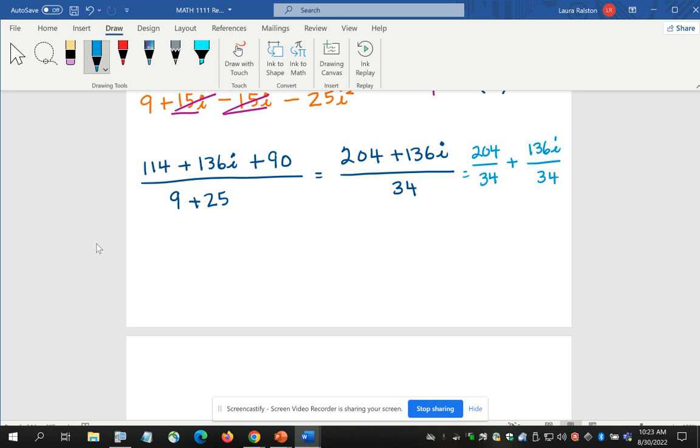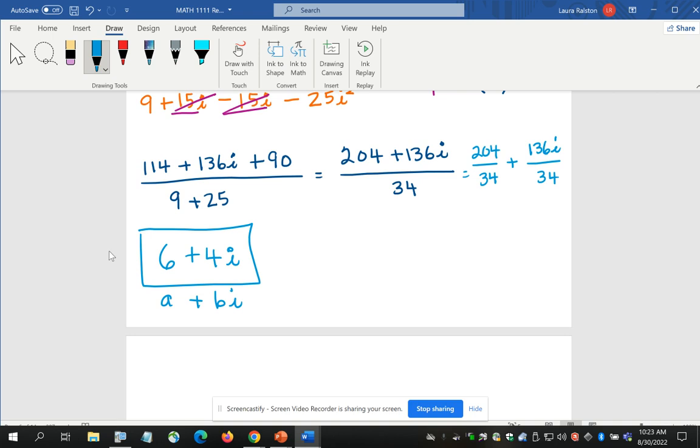Okay, so I've broken it apart, and I need to see if I can simplify. 204 divided by 34 is 6. 136 divided by 34 is 4. So I simplify to 6 plus 4i. This is ultimately your final answer in that form, a plus bi.